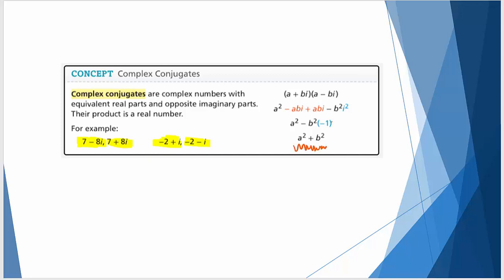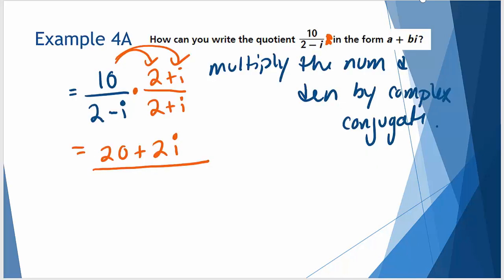We're just finding the sum of perfect squares, where we take a squared plus b squared. So in this case, our a would equal 2, and our b would equal -1. So our final answer in the bottom of a squared plus b squared would be 4 plus 1.